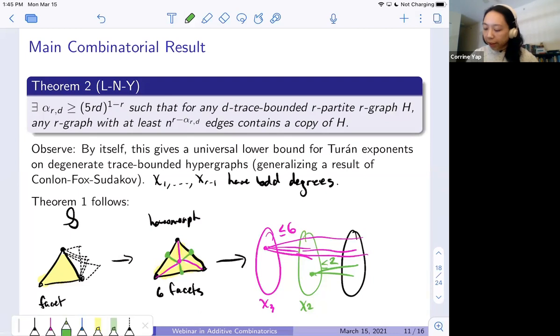So what can I say from here? I can say that if I can embed H, then I get a homeomorphized simplicial complex. Let me write that down here.